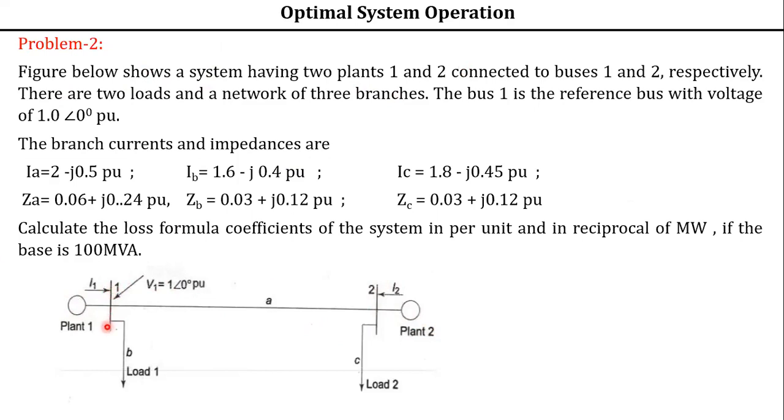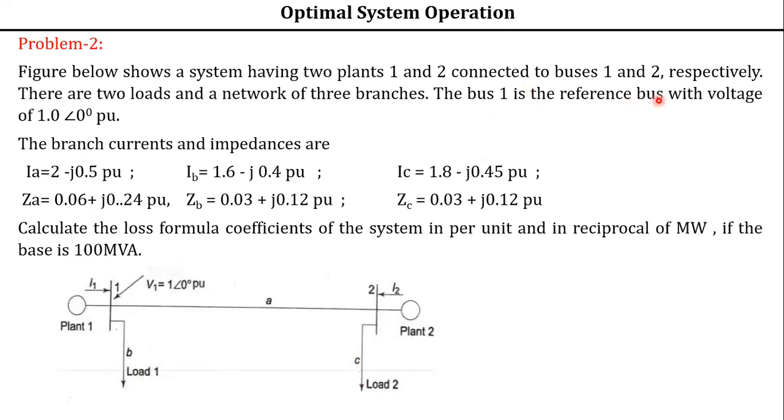Plant 1 is connected to bus 1 and plant 2 to bus 2. There are two loads, load 1 and load 2, and a network of 3 branches: branch A, branch B and branch C.